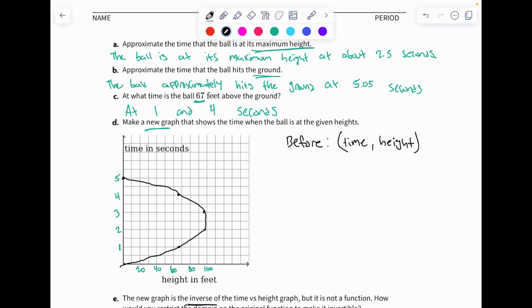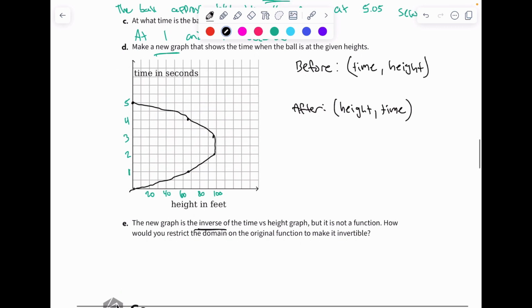Now I flipped them. Now I have height and I have time. So that is the inverse. Okay. This is the inverse of the time versus height graph. But it is not a function.